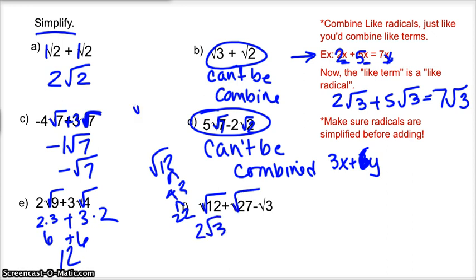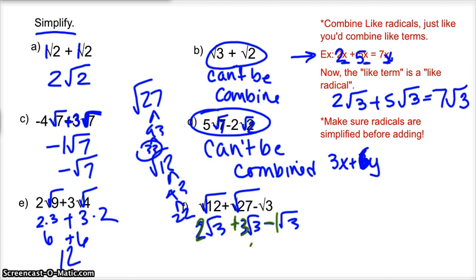Square root of 27, 3 square root 3 minus square root 3. 2 plus 3 is 5. 5 minus 1 is 4. And that's it. That should take care of it.